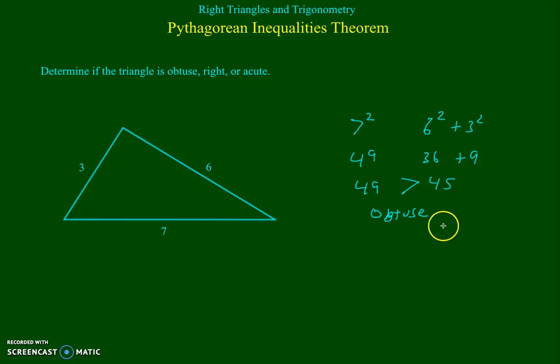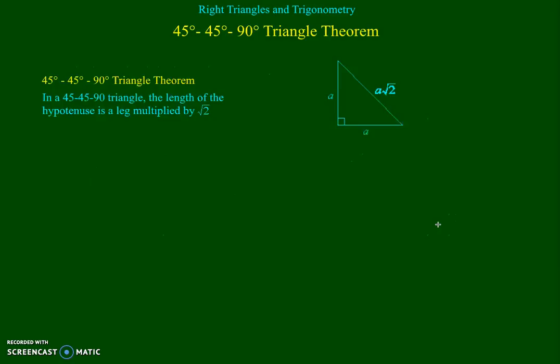All right, let's move on to the next topic. Now we're going to be dealing with what are known as special right triangles. There are two special right triangles, the first of which is a 45-45-90 right triangle. As the name implies, the two acute angles are 45 degrees, and we have one right angle.